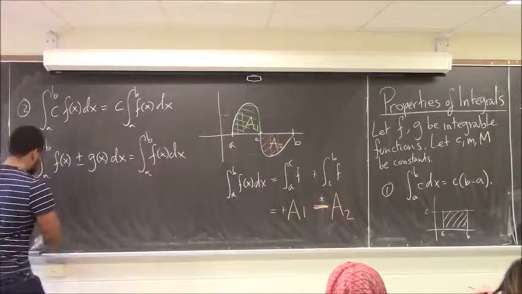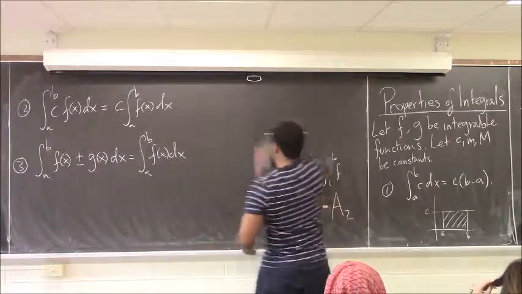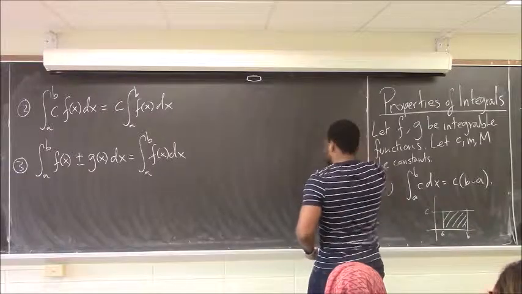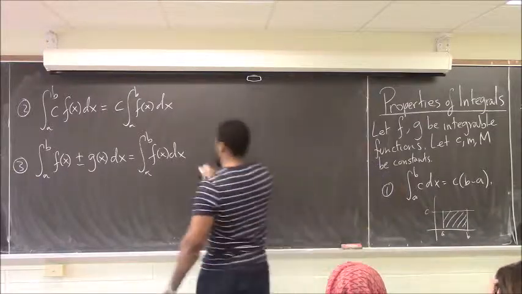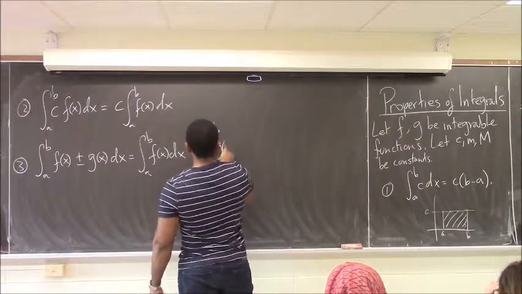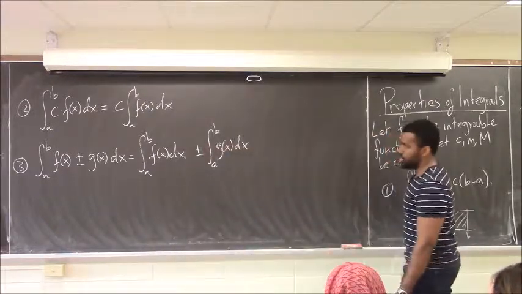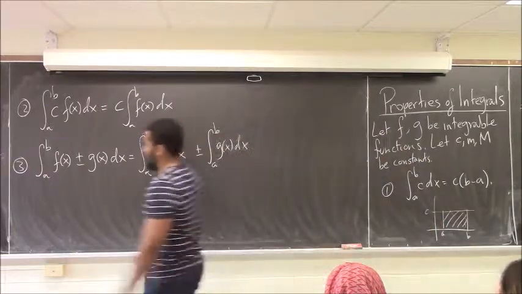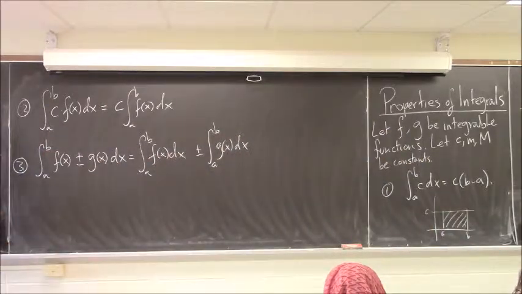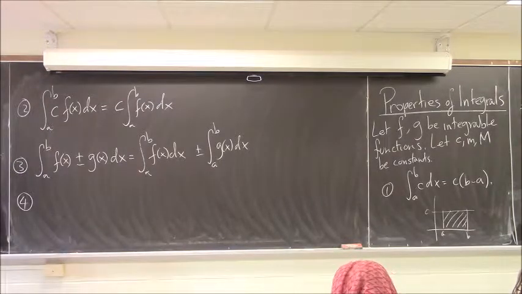Or vice versa: if I have two individual integrals and the limits are the same, I can compress them into one integral. We'll look at something like that tomorrow. So integrals can distribute across sums, and we can factor constants out. They do not distribute across products, so I'm not even going to write that down.